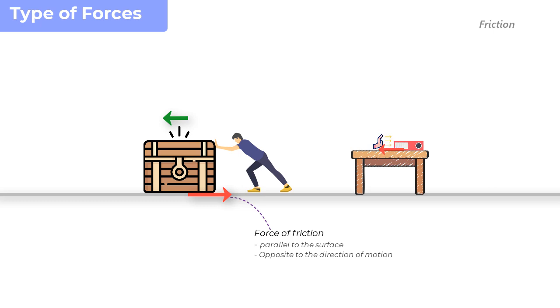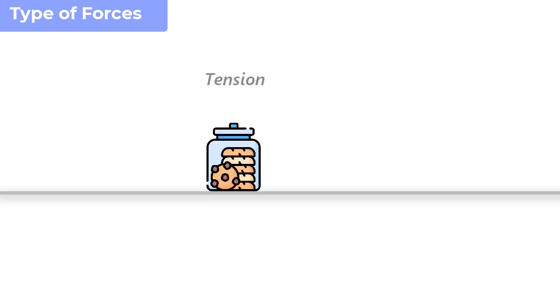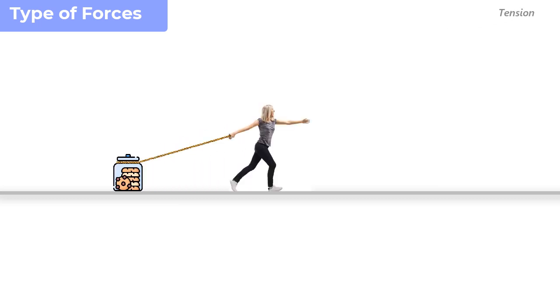So now we come to the force of tension, which will show up quite often in physics problems. So picture a rope attached to a body and you pulling the rope so that the rope becomes taut or straight. What happens is that the rope pulls on the body with a force directed away from the body and along the rope. And this force is what we call a tension force, because the rope is basically in a state of tension, which means that it is being pulled straight.